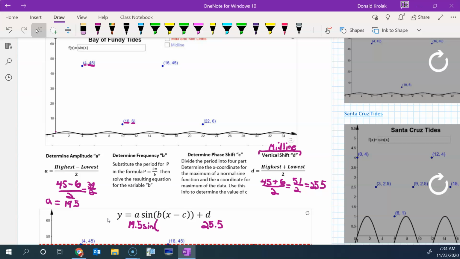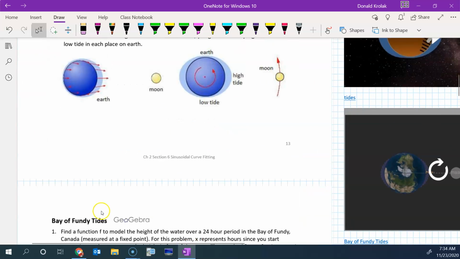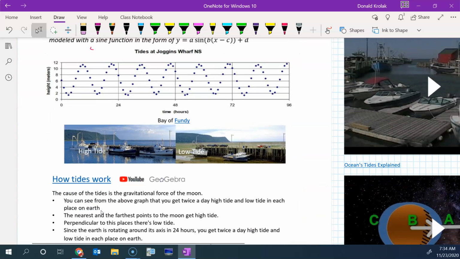The reason we got the period to be 12 hours is because, looking at this, for each 24-hour period there are 2 sine curves. There's one sine curve, and there's just about a whole second sine curve in a 24-hour period.